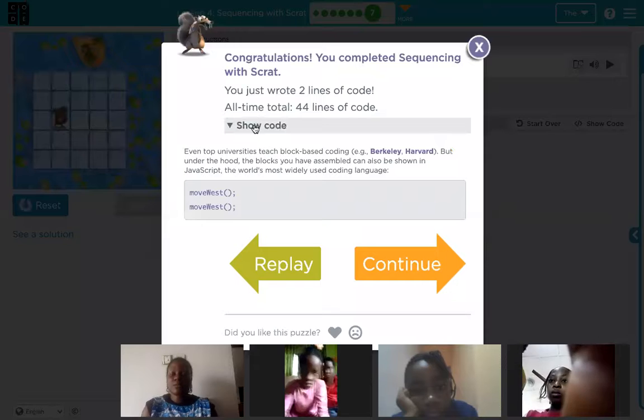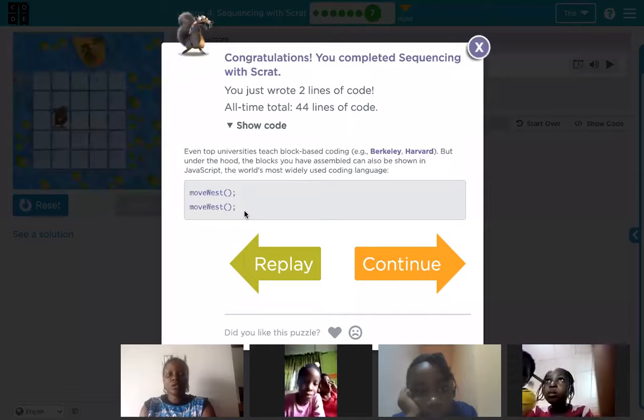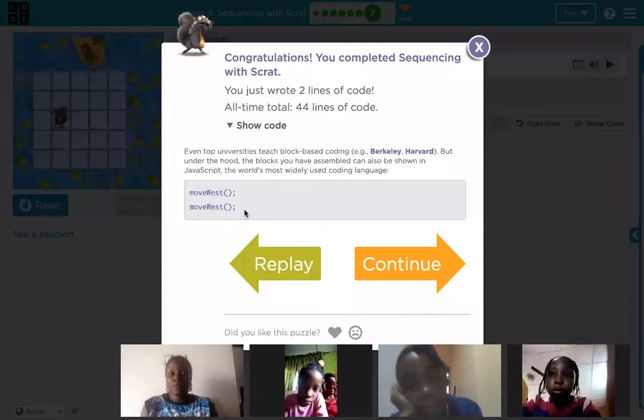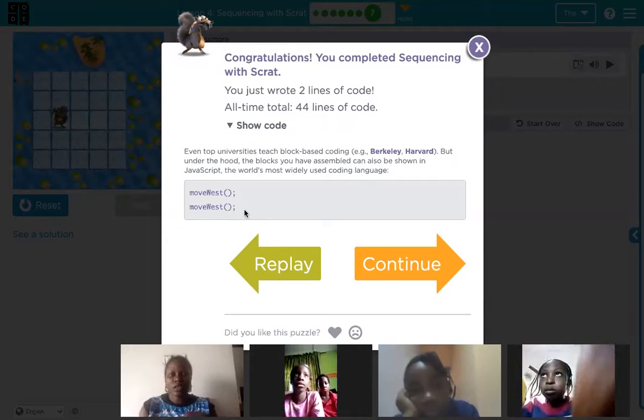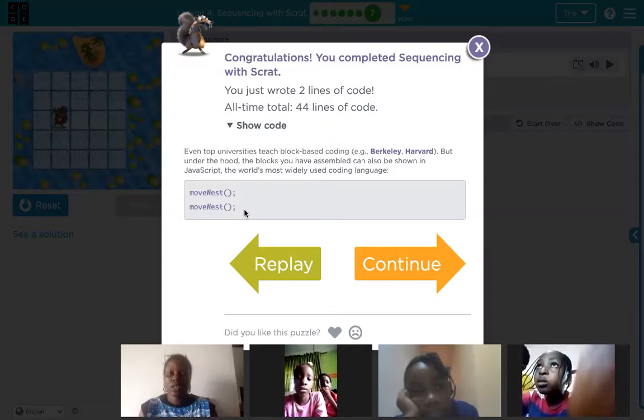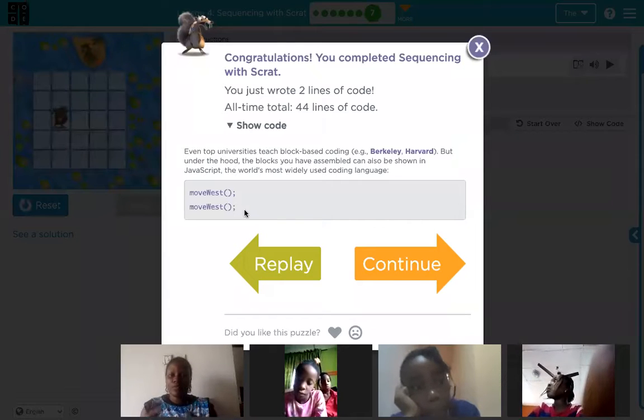So as I said, this is the code. You can always view the code, right? So you begin to familiarize yourself. You begin to understand, oh, this block that I just moved, this is the code if I was to write it. If we remember, code is like an instruction, something you tell your computer.